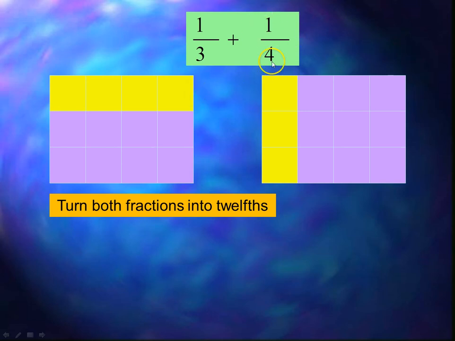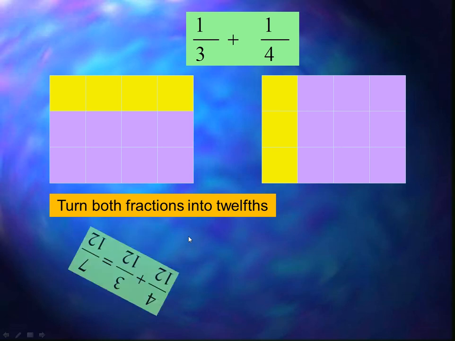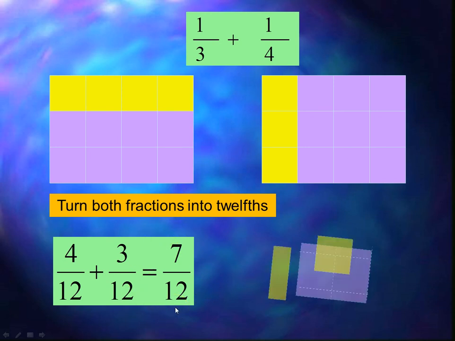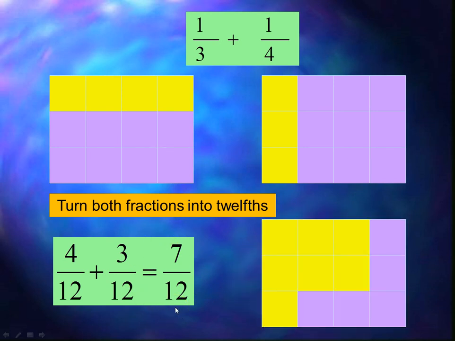Same thing with 1/4. We split the 1/4 into 3 pieces to make 3/12. So now the addition is very easy. 4/12 plus 3/12 equals 7/12. Ta-da!